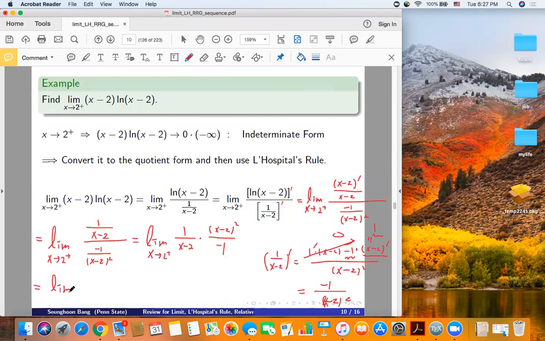This is the same as this one. (x minus 2) is crossed out, just (x minus 2) over minus 1. You plug in 2 from the right. You plug 2 into x, we have 2 minus 2 over minus 1, which is 0 over minus 1, and the answer is 0. This is the whole idea for solving this problem.